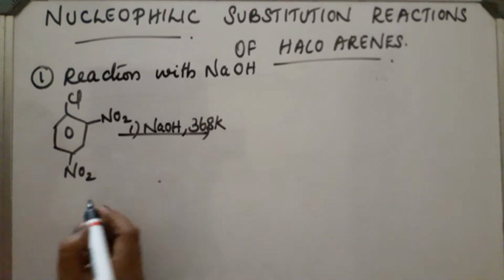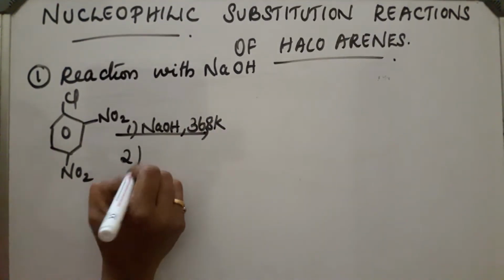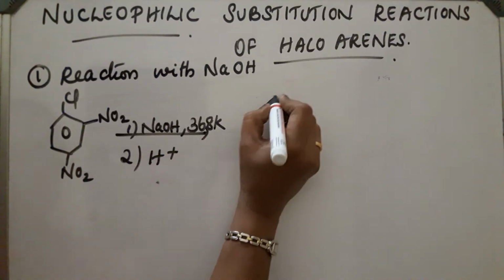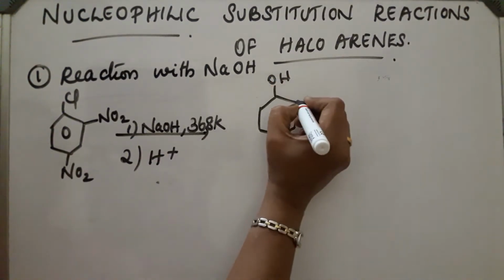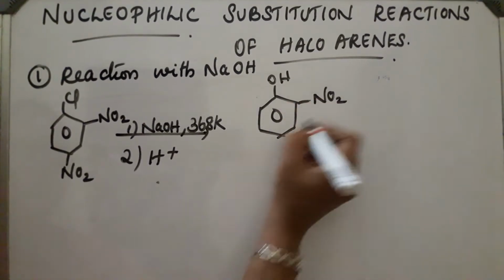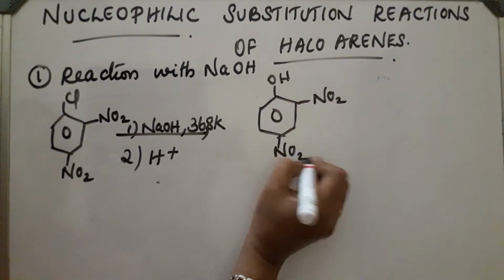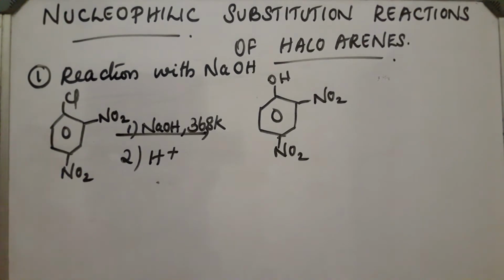So the temperature is again reduced, and on acidification it gets converted into phenol. 2,4-dinitrophenol will be obtained.